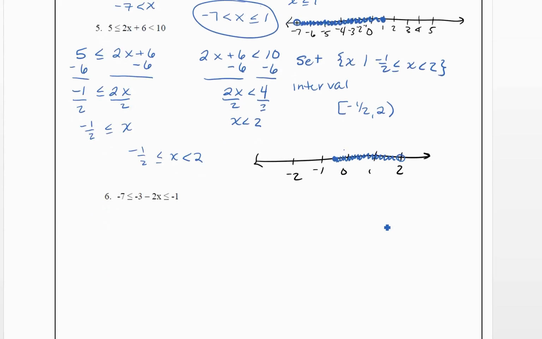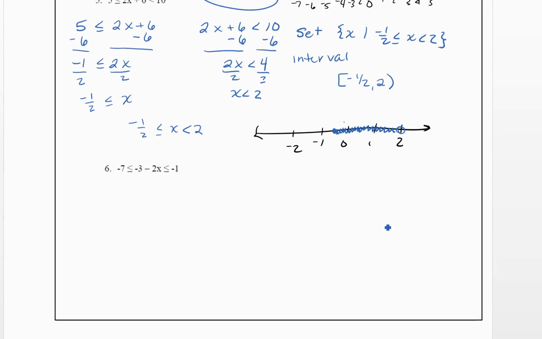Okay, let's do one more here. So we've got -7 is less than or equal to -3 minus 2x is less than or equal to -1. So we need to set up our two inequalities: -7 is less than or equal to -3 minus 2x, and -3 minus 2x is less than or equal to -1.